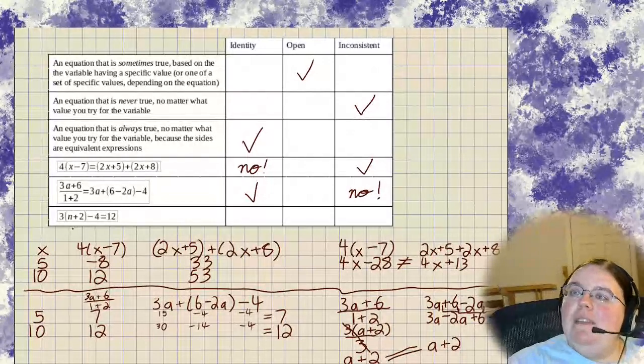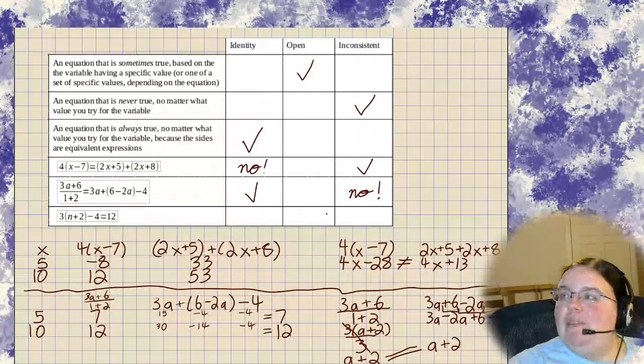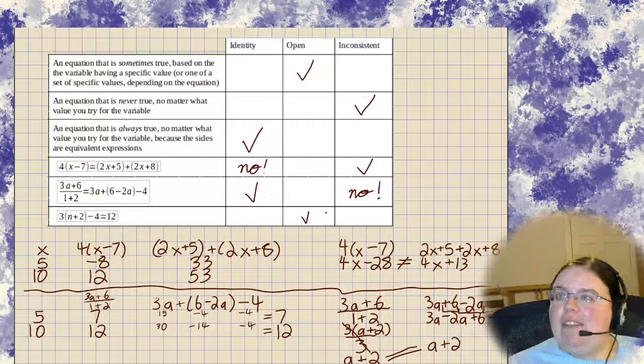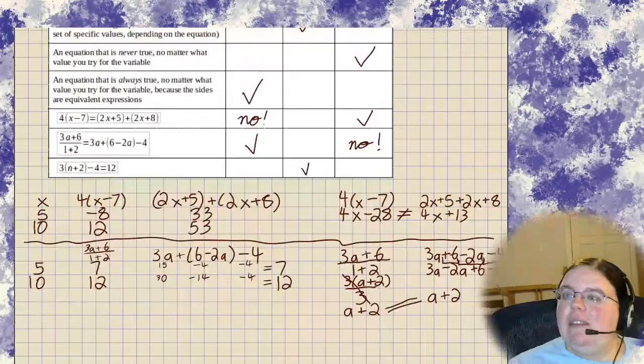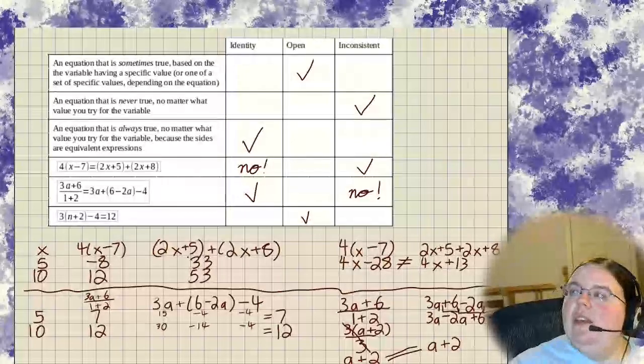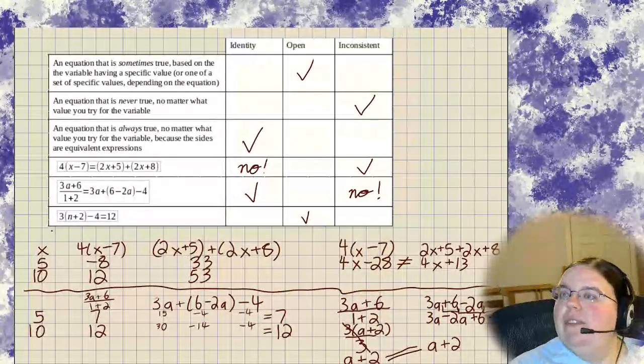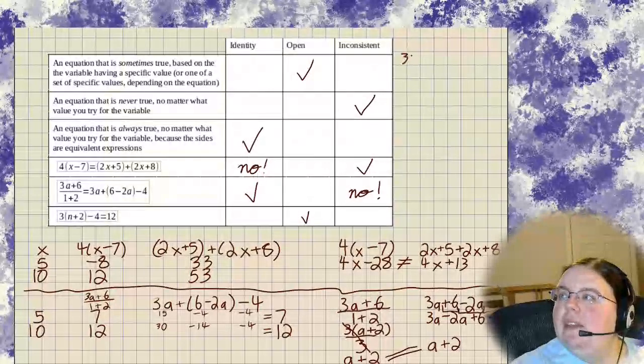Now, based on spoilers, you probably expect that this next one will be open, and here's how we can check that. So I'll work over here. So we've got 3 times n plus 2 minus 4 is supposed to come out the same as 12.